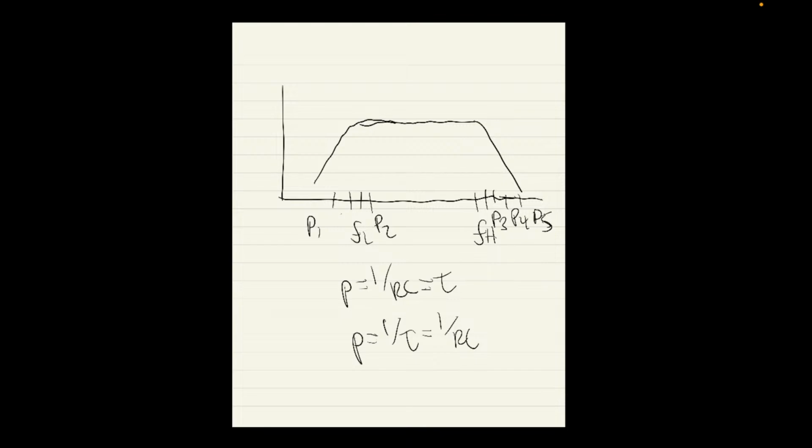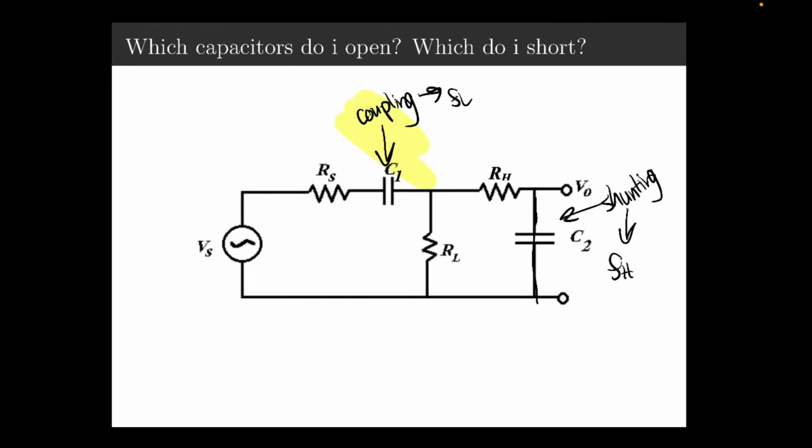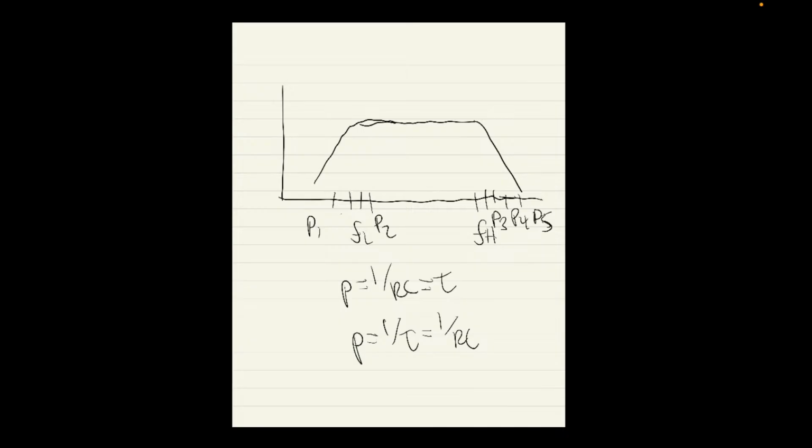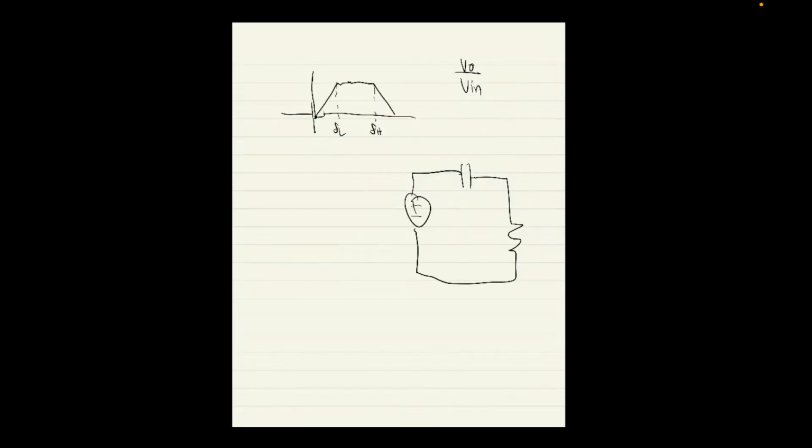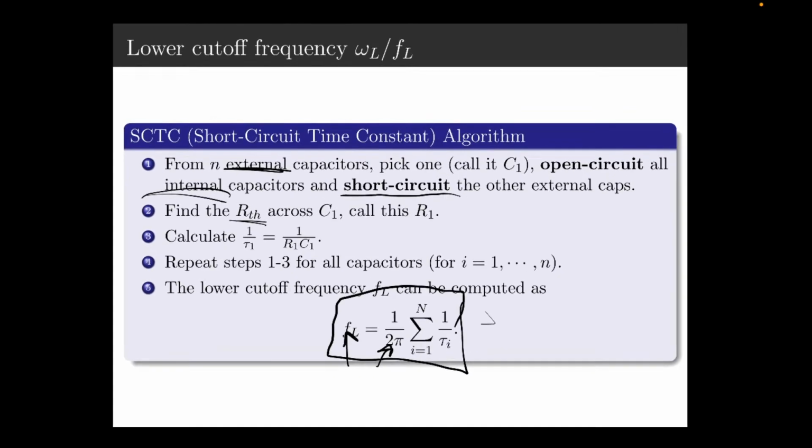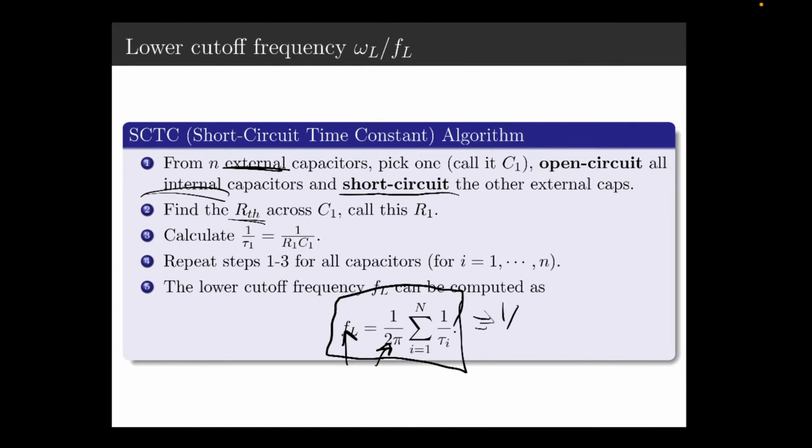And so what our algorithm does to find FL is that it finds an upper bound for our lower cutoff frequency by calculating these poles. Because our equation here is essentially just going to be 1 on R1, C1, plus 1 on R2, C2, plus 1 on R3, C3, and so on. This is just going to be equal to pole 1 plus pole 2 plus pole 3.